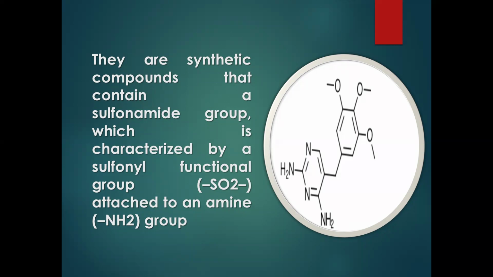Let's briefly look at the history part of these drugs. The discovery of sulfonamide dates back to the 1930s. One of the notable forms of this drug then was Prontosil.